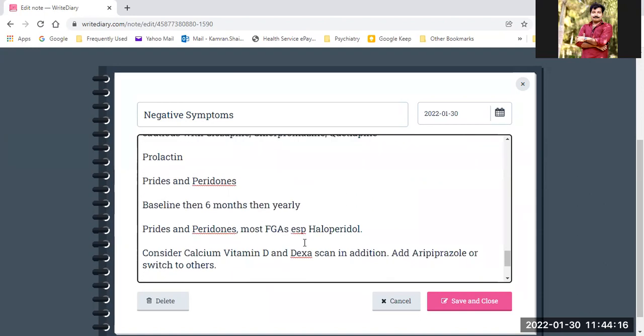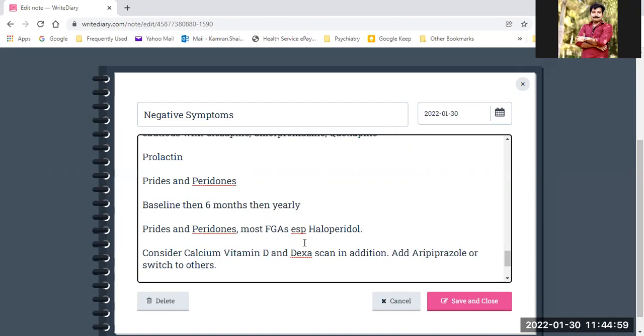Prolactin: the prides and risperidone, paliperidone, amisulpride, and sulpiride are more associated with hyperprolactinemia. We check at baseline, then 6 monthly, and then yearly. Close monitoring should be done especially with these; with other drugs, if we don't check, that's fine, it won't cause any damage. But with the prides and risperidone, we should keep a close eye on prolactin levels.